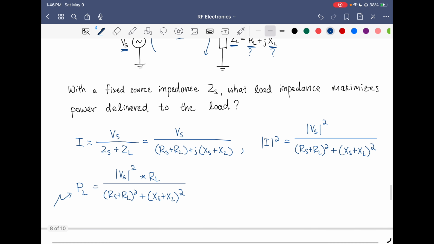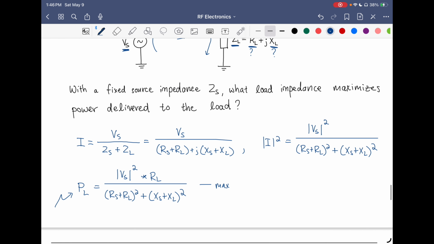And this is the quantity that we want to maximize. So we want to maximize this expression with respect to XL and RL, because we know that RS and XS are already fixed.